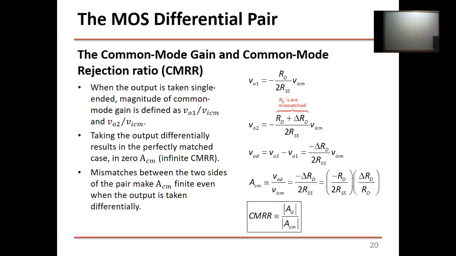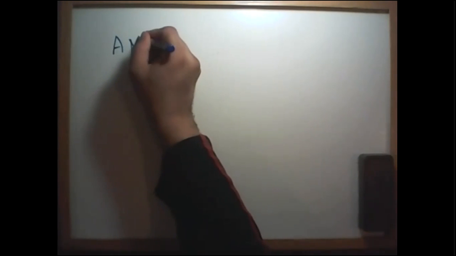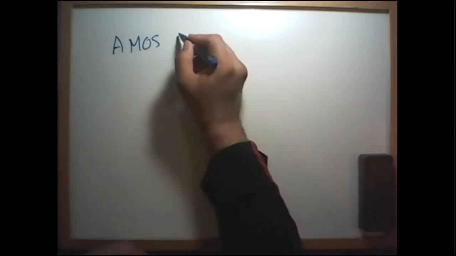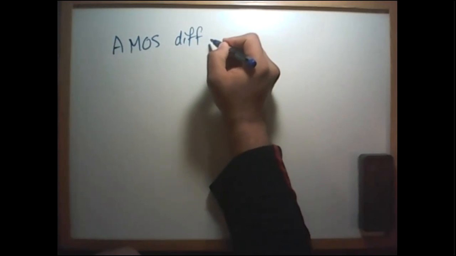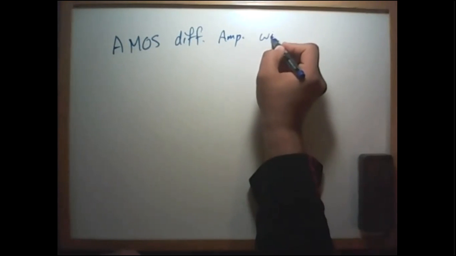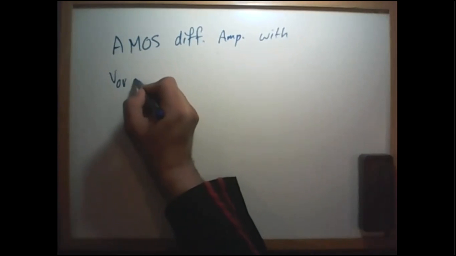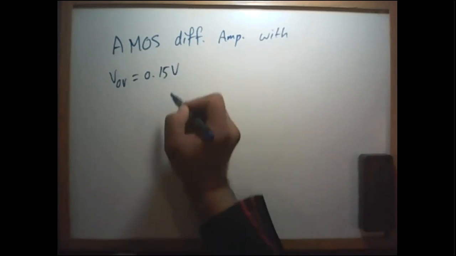Okay, let me quickly give you an example. So we have a MOS differential amplifier with the following parameters. So we have overdrive voltage as 0.15 volt.